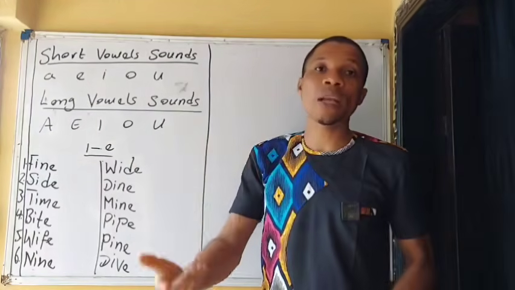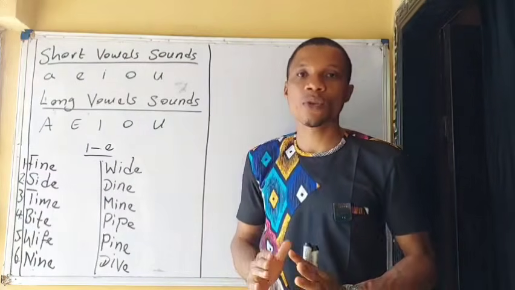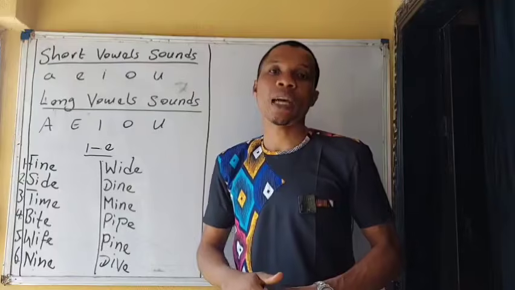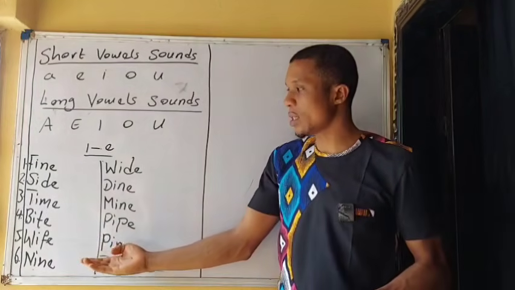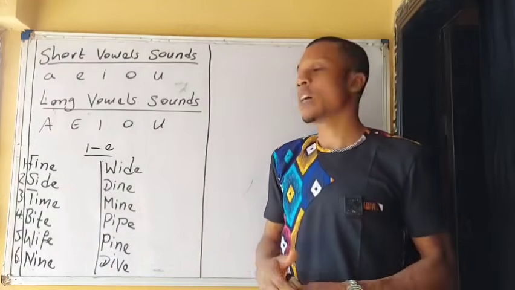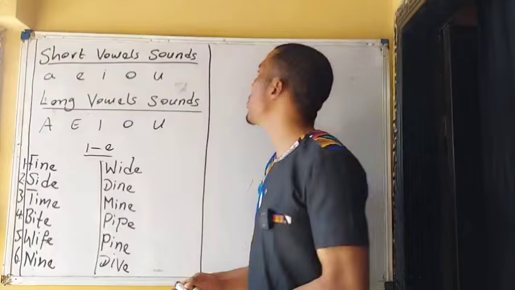When you know the rule guiding some changes in words, it becomes very easy for you to understand the changes that are happening. We started from the simplest, as you can see. So let's proceed to having some five, six or seven letter words, as the case may be.